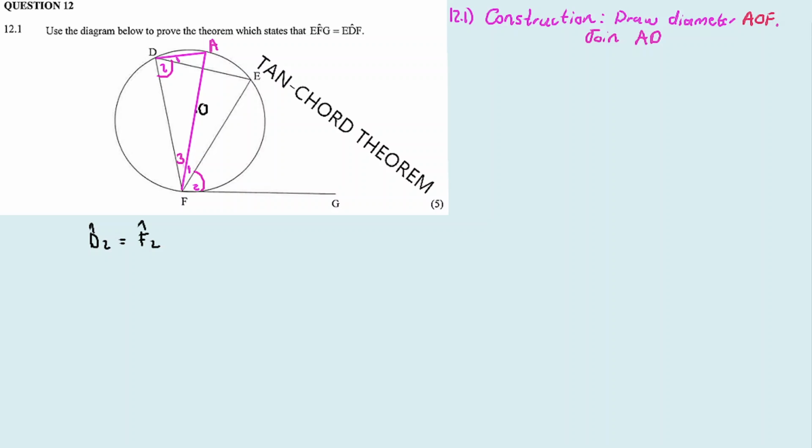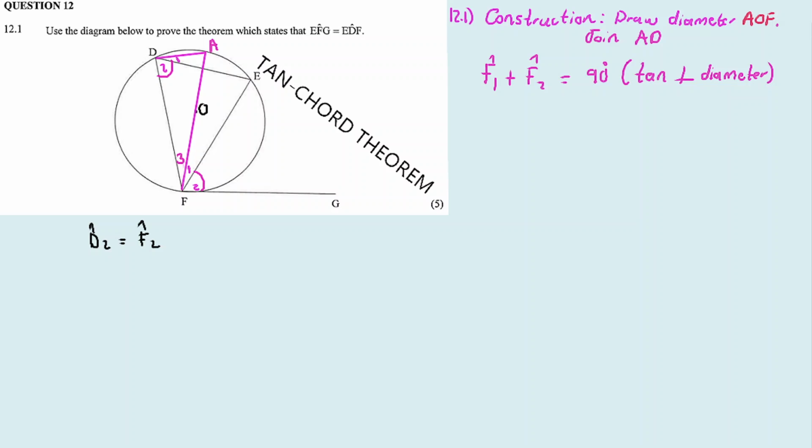Now we have the bow tie here, and we also have the diameter. I can see that F1 plus F2 is equal to 90 degrees. Why? Because the tangent FG is perpendicular to the diameter AF, or the radius OF, right? A tangent perpendicular to a radius is still fine.